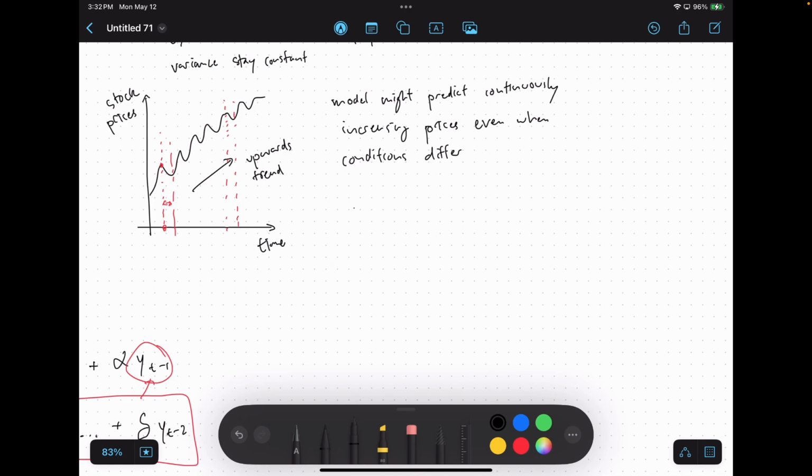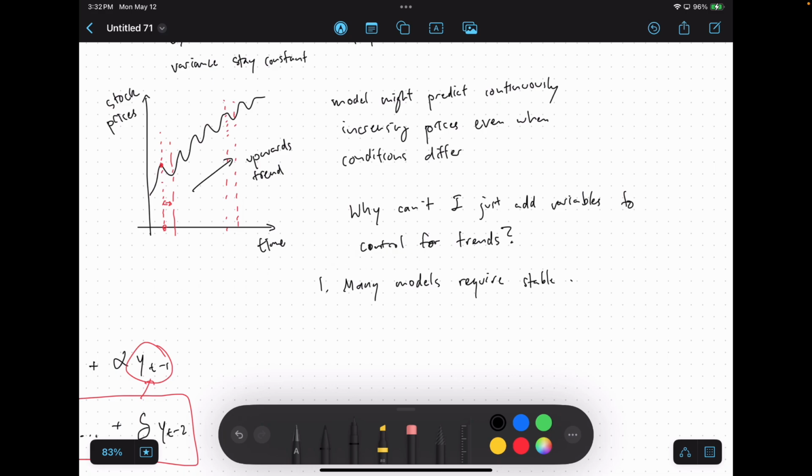There's a question: why can't I just add variables to control for these upward trends, or trends in general, that might be correlated to time? So, one, you never fix this issue. Many models require stable means and variances to operate properly.